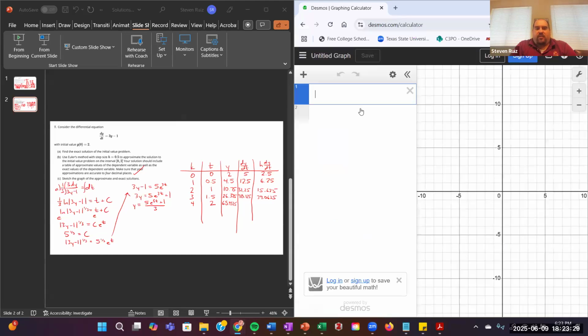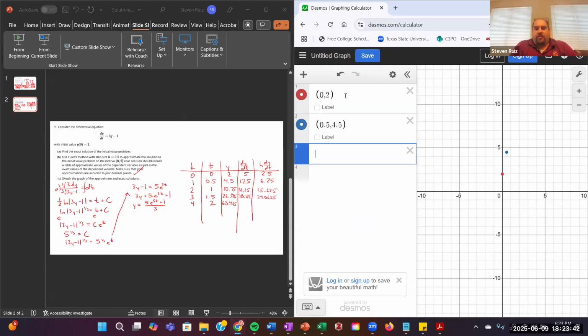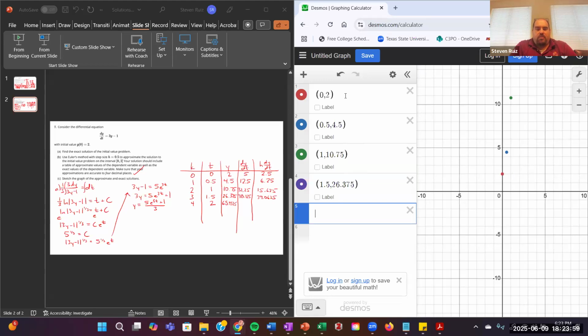Okay, so let's do this first. I am going to graph a bunch of points: 0, 2; 0.5, 4.5; 1, 10.75. So first I'm going to graph all the values that came from my Euler's method. 1.5, 26.375. And finally, 2, 65.4375.